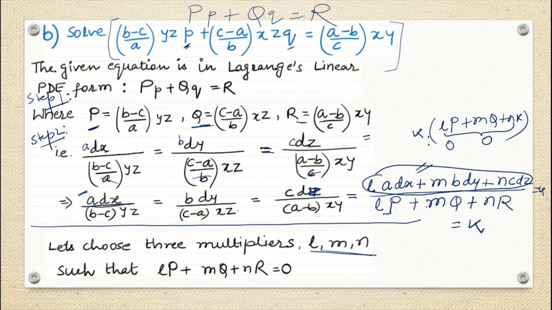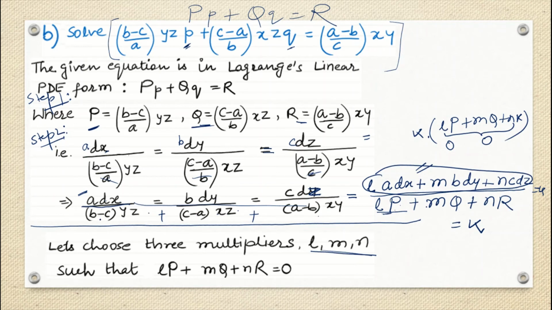Then I'm going to come into step number 3. Okay. So my goal is to write down l, m, n in such a way that this lP plus mQ plus nR will become 0. Okay. So if you will see, suppose I am going to write down these three things together, if I am adding it, so what should I write here?